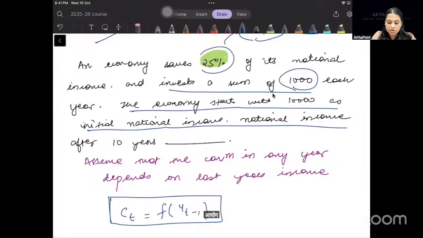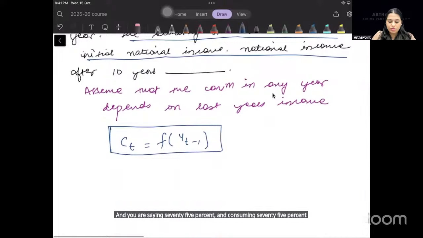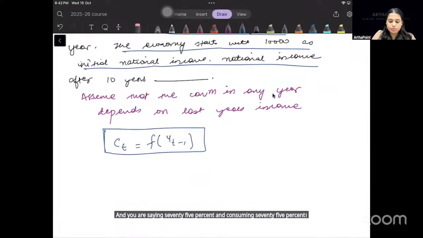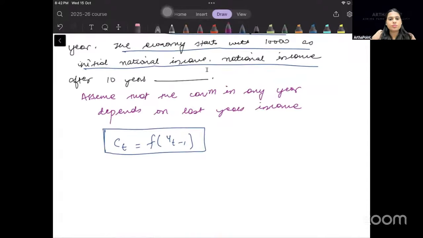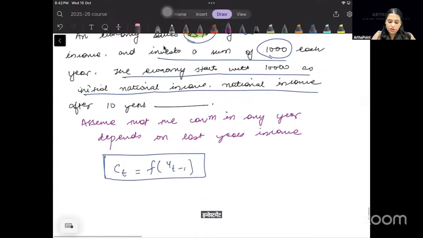And you're saving 25% and consuming 75%. Investment is separate. So Y is C plus I. Okay.